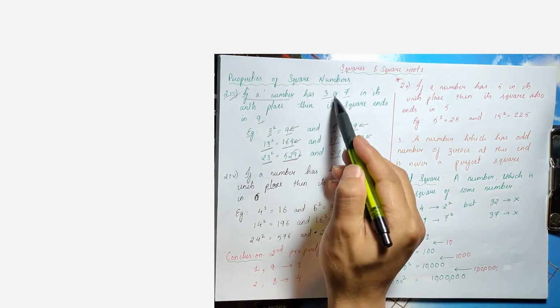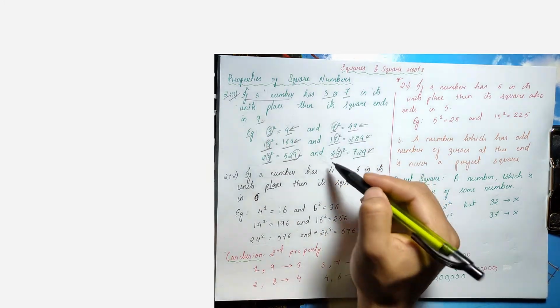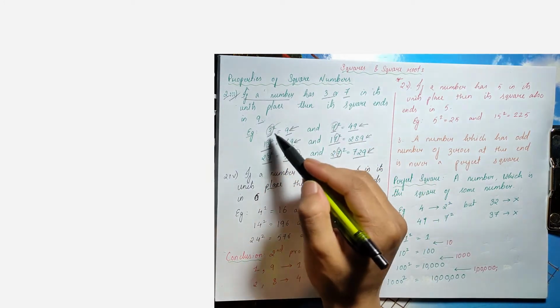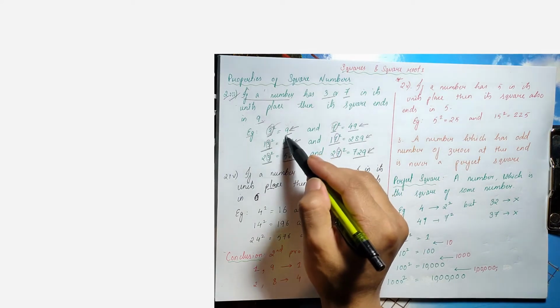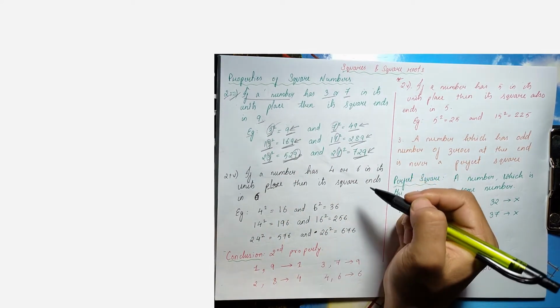So if we have 3 or 7 as our ending digit, then if we square those numbers, we will get 9 as our units digit in the answer.